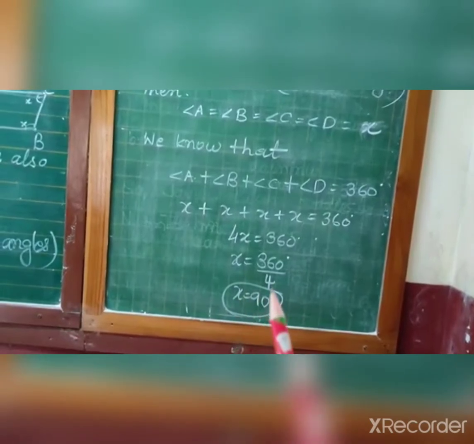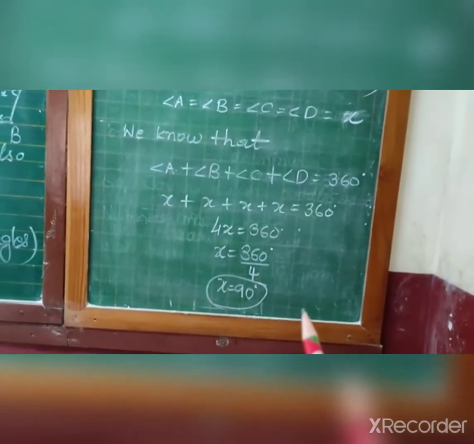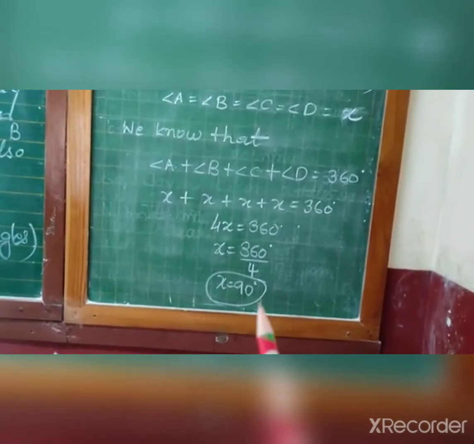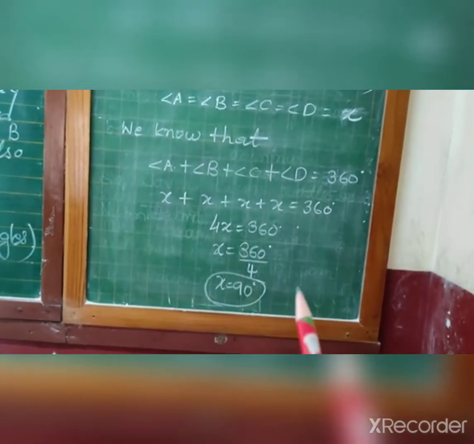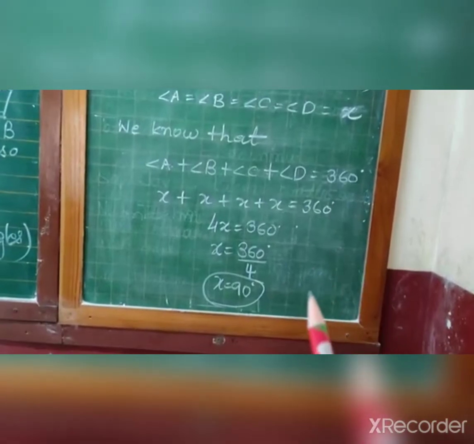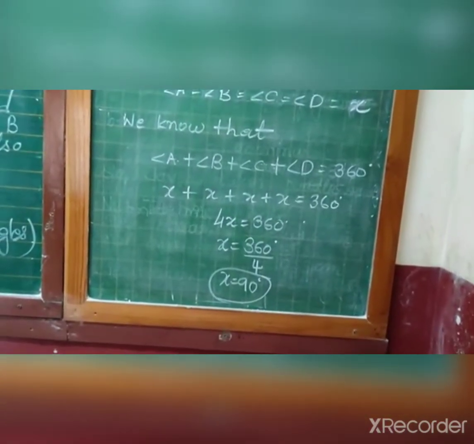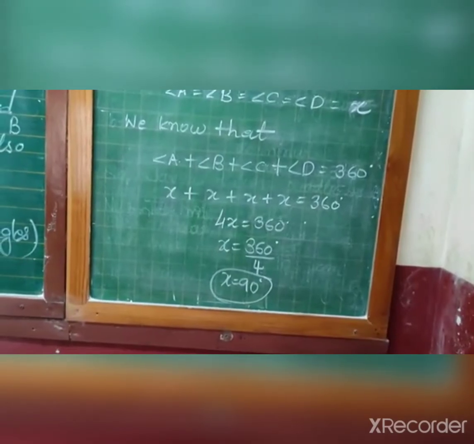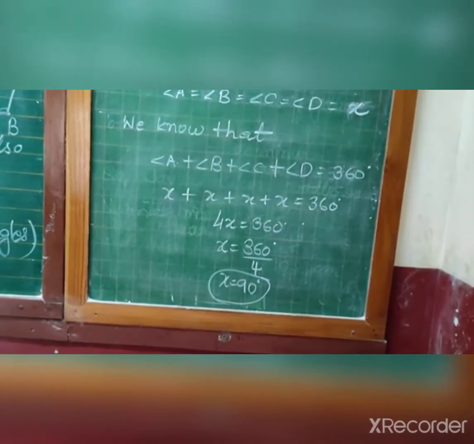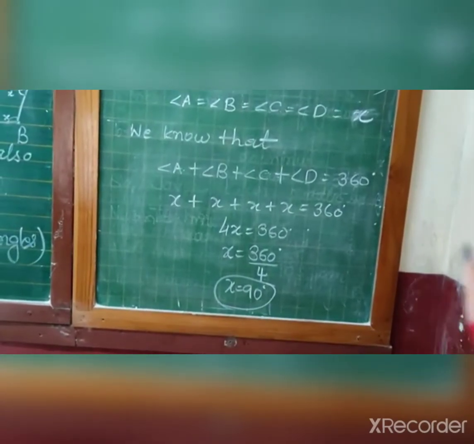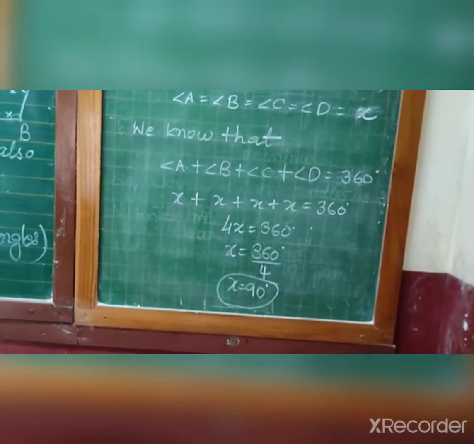So x equal to 90 degree. That means each angle of that parallelogram is 90 degree. That means this parallelogram is converted into a rectangle. Because in any parallelogram, if all the angles are 90 degree, then that parallelogram is a rectangle. Okay.